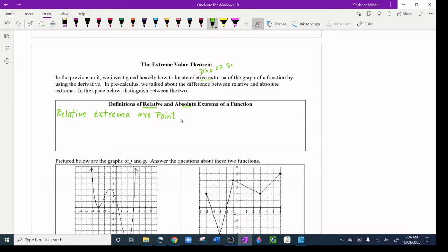So that's why they said points where a function changes from positive to negative, or you can say from increasing to decreasing, or vice versa.